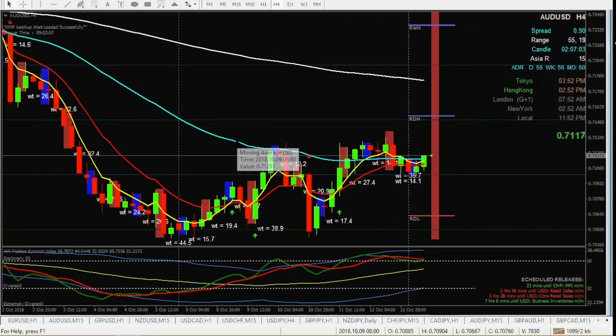If the 50 and the 200 cross on whatever time frame they cross on, okay, go 2 time frames up, and you'll find that normally, 9 times out of 10, it's going to the 50 on that time frame.